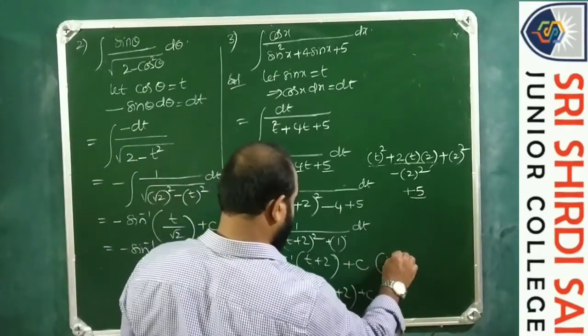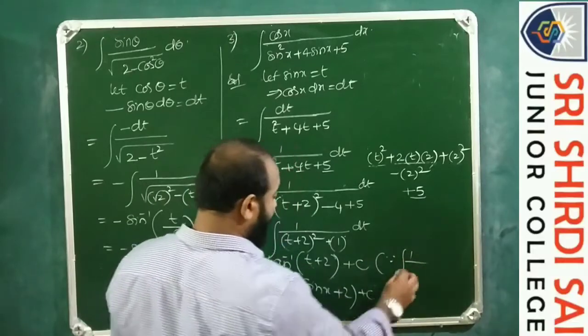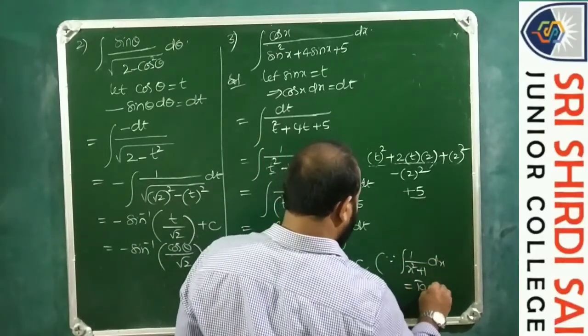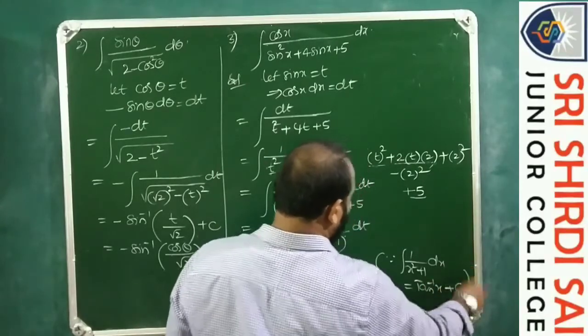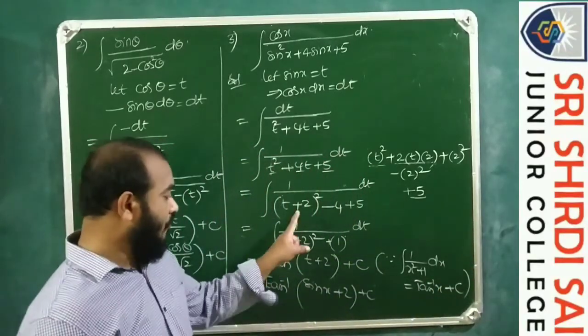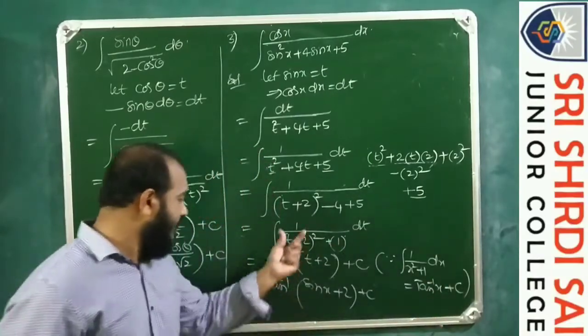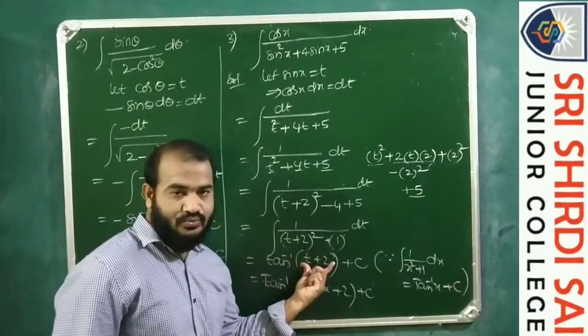Since integral 1 by x square plus 1 dx is equal to tan inverse x plus constant of integration c. So this is the form 1 by x square plus 1 dx, tan inverse x, where tan inverse x here is t plus 2.